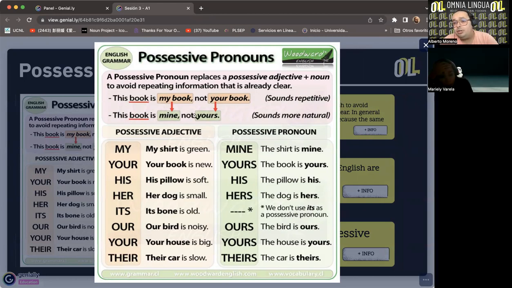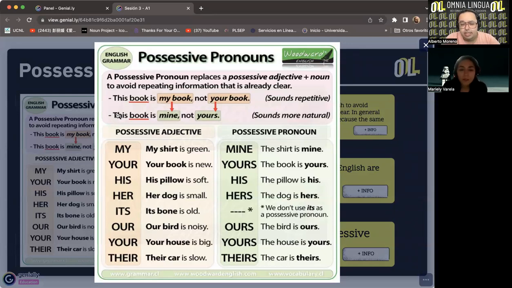Pero si queremos decir your book al final, hay que omitir mencionar el libro, y aquí este this ya no funcionaría como un adjetivo demostrativo, sino como un pronombre demostrativo. Este es mío, no tu libro. Por ejemplo, this is mine, not your book. Este es mío, no es tu libro. Ok.